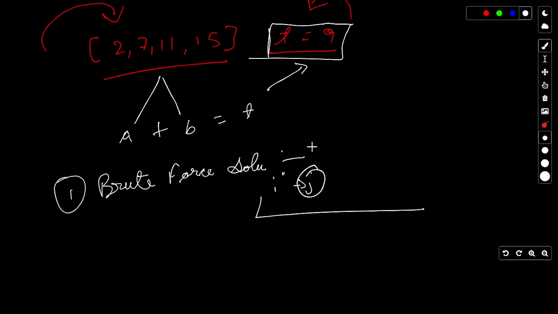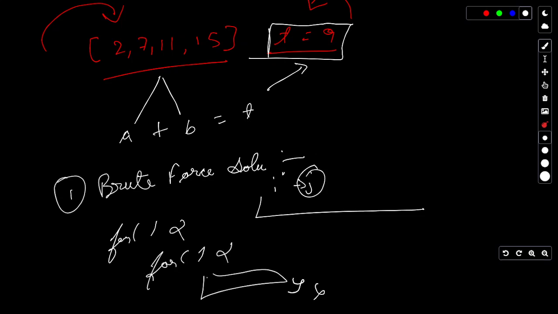We will be checking every combination, every pair inside this array through a nested for loop, within which we will be doing some checks.